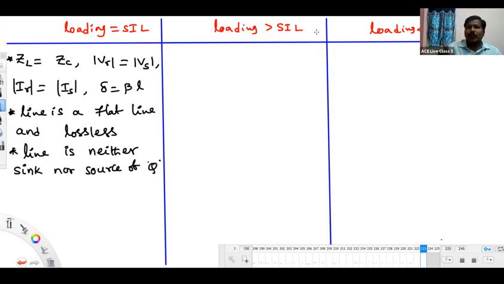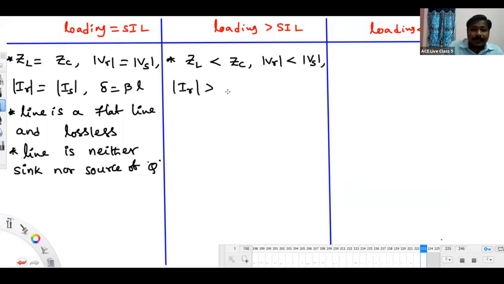Let's think about loading more than SIL and less than SIL quickly. So loading more than SIL, ZL will be less compared to ZC. The receiving end voltage is less compared to sending end voltage, and the receiving end current IR is greater compared to sending end current IS.